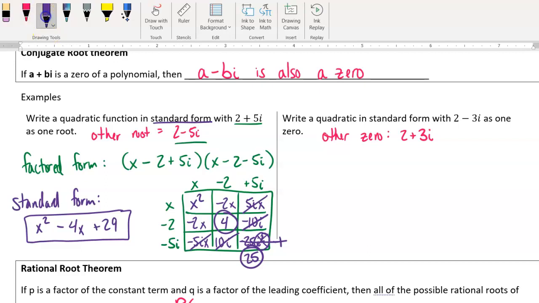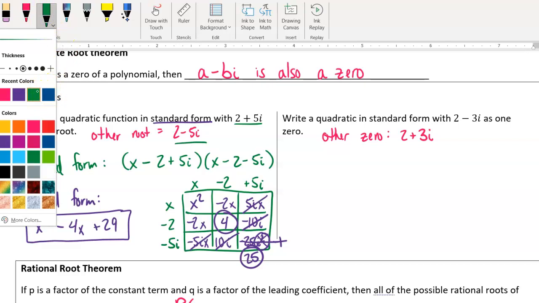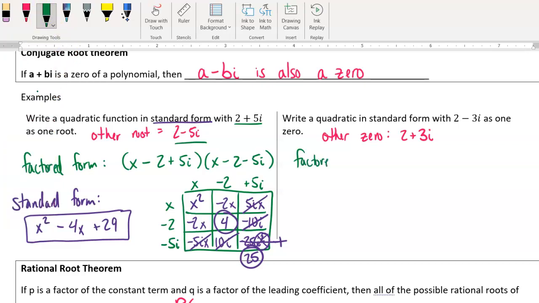Okay, so now if we were to put this in factored form, we'd write it as x minus 2 minus 3i and x minus 2 plus 3i. Then we have to multiply those together.